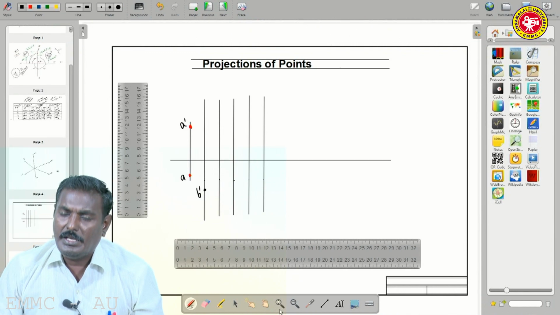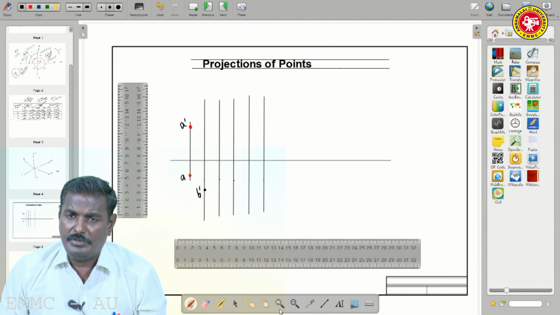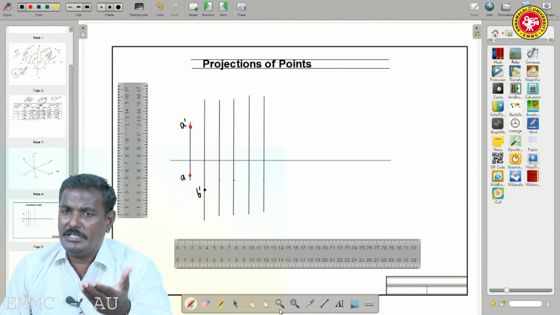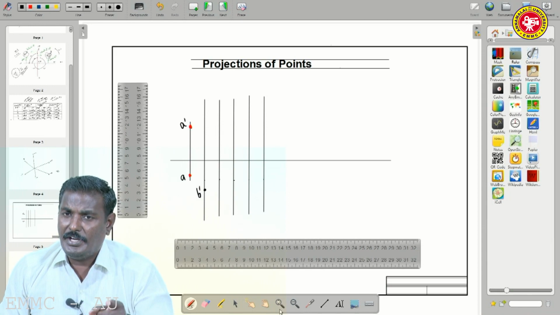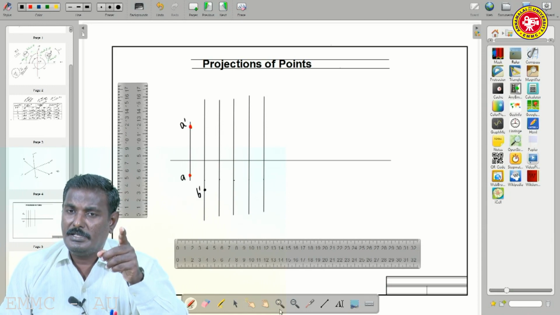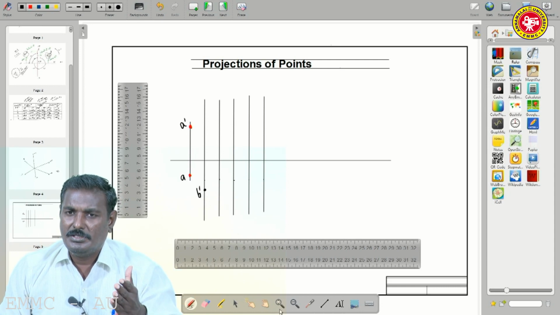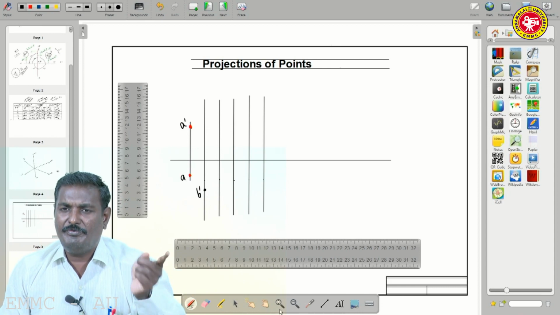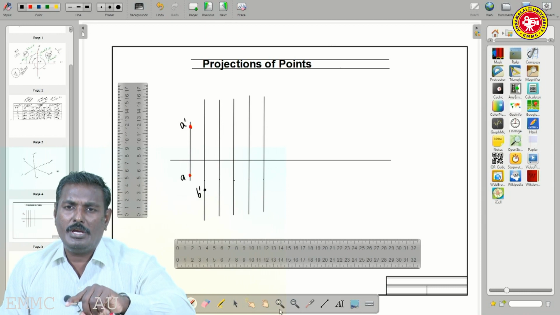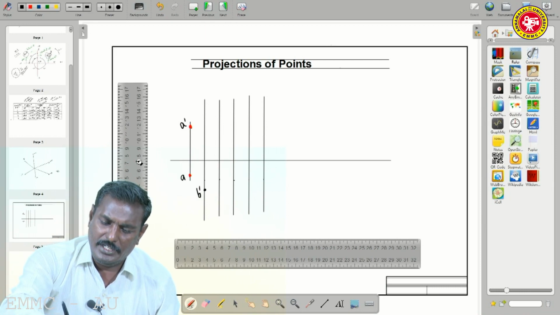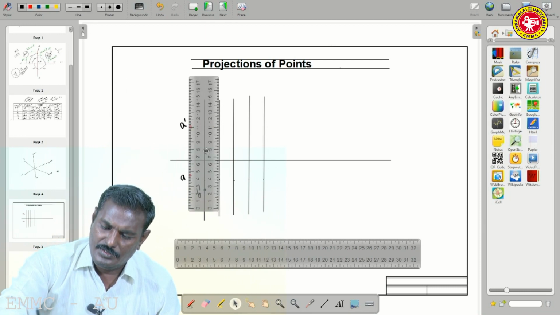What is the logic? In front of VP means plan. That is the opposite, so in front of means below XY. So take this scale in the same position.